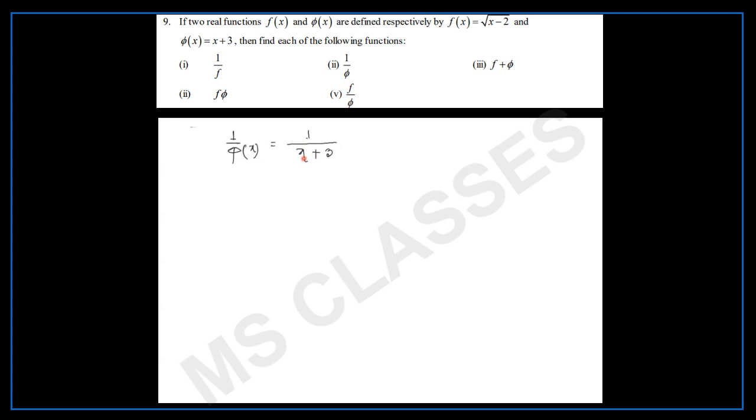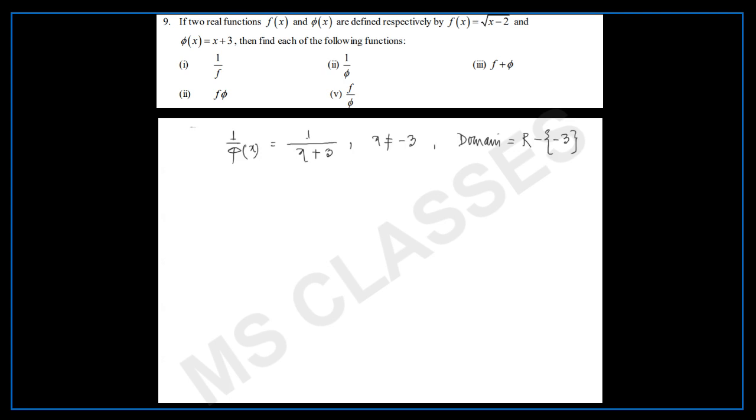Because this is a linear polynomial, this can take any real value except the value for which this will be 0. So this is possible except when x is −3. So what is the domain here? R minus the set containing −3.